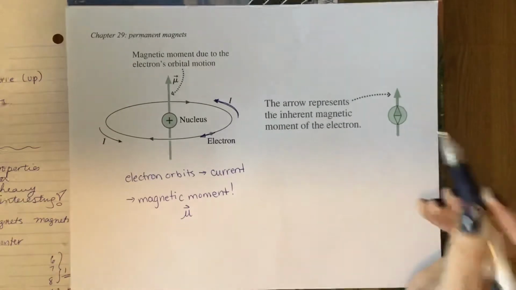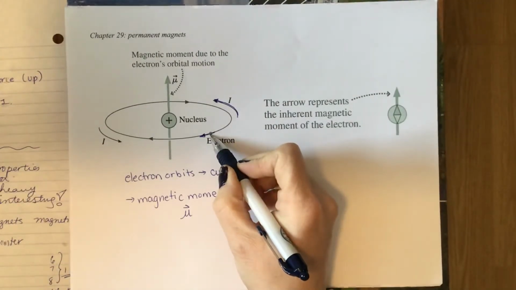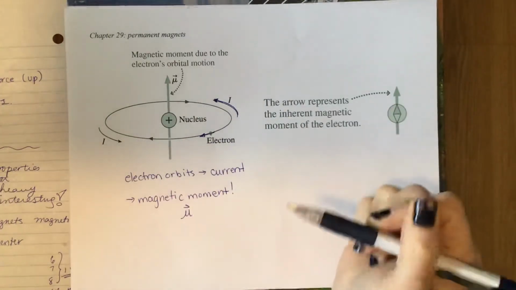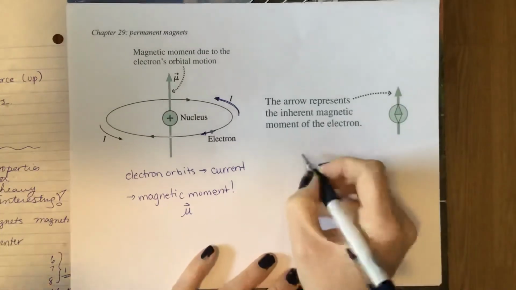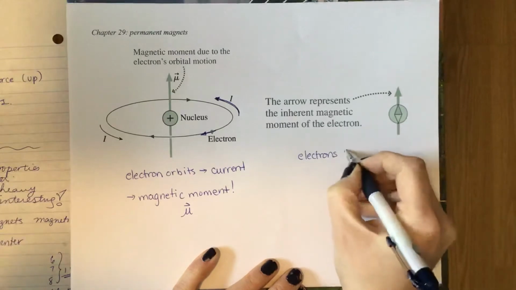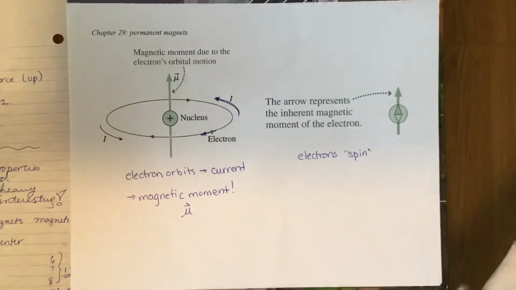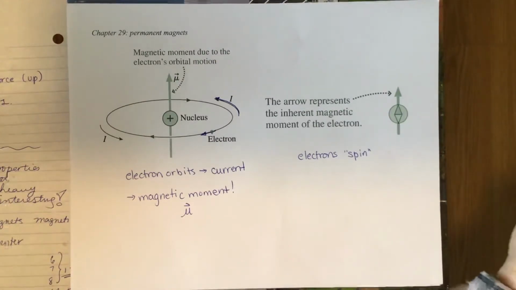But before we move on to that idea, let's talk about the electron itself. So the electron going around the nucleus is not the only motion. This little electron also spins. That's a little bit harder to discuss because electrons are so tiny, it's hard to say their motion, but we kind of infer that they have to be spinning.